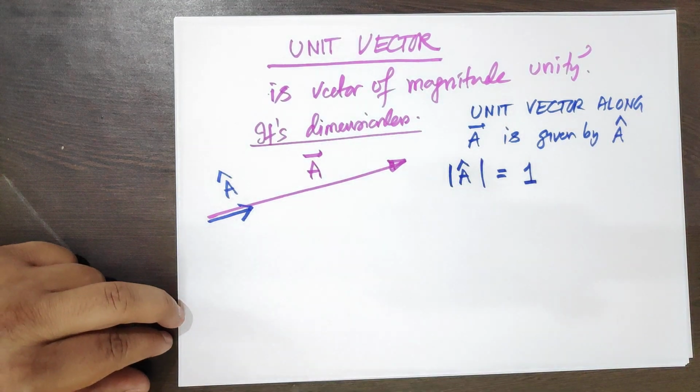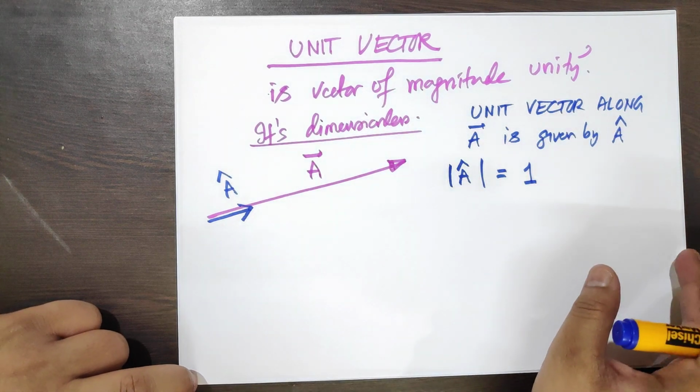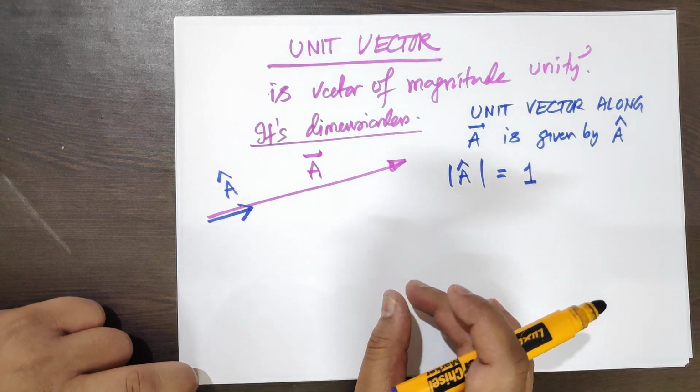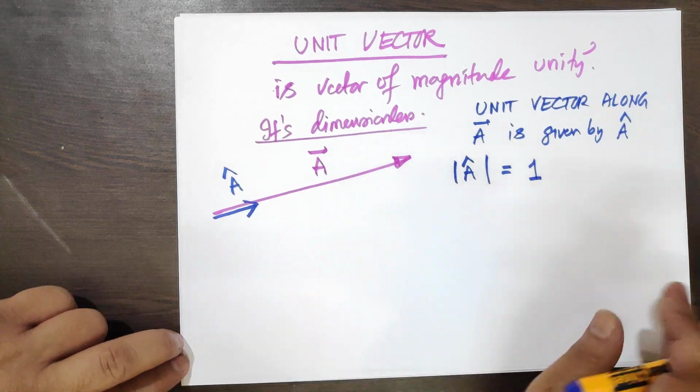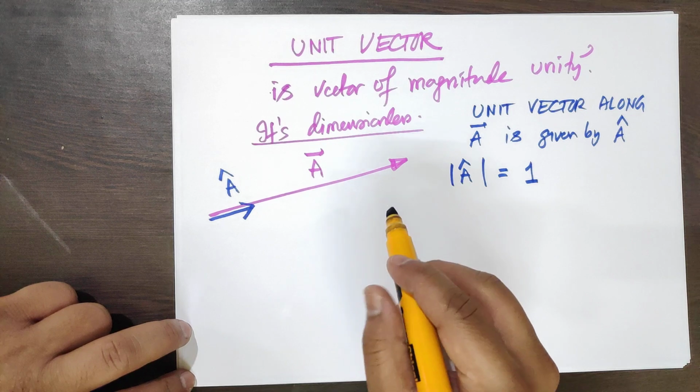Suppose A happens to be a displacement vector, then mod of A cap is not 1 meter. If the magnitude of A vector is 10 meter, magnitude of A cap is not 1 meter, it's 1. So unit vector along A is given by A cap.